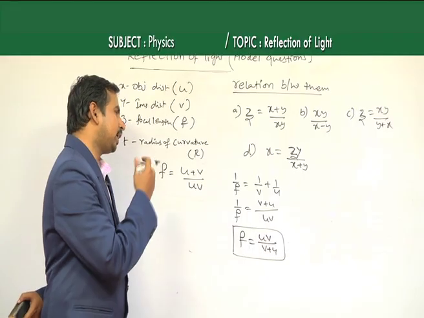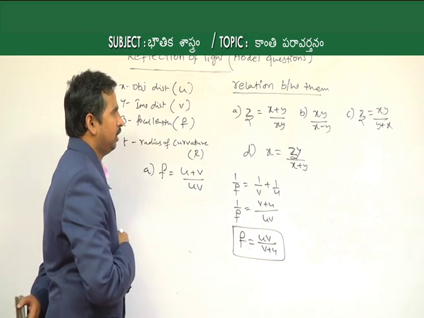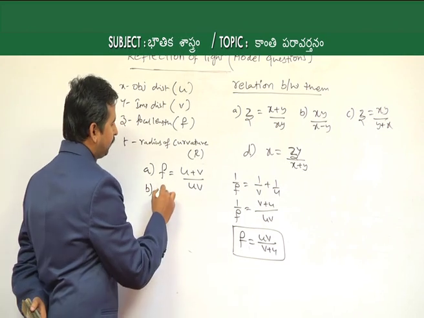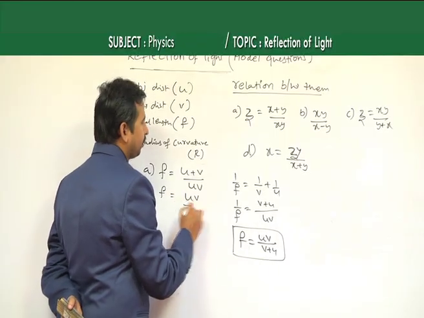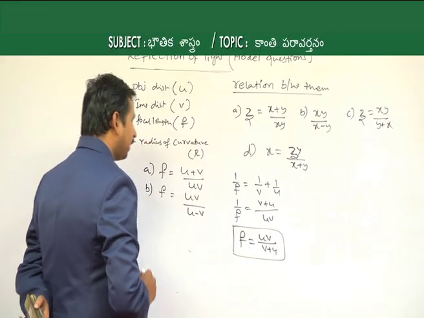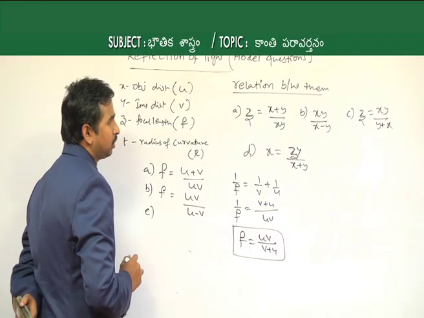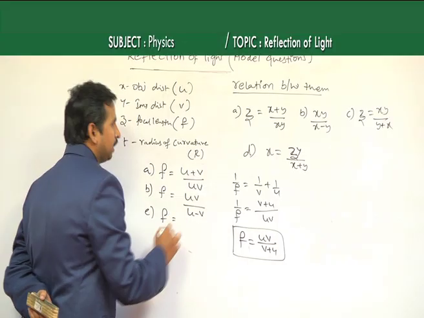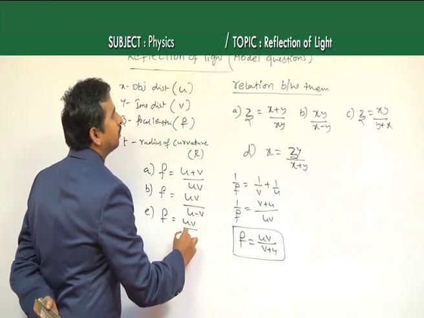But according to the first option it is (u plus v) by uv. In the second case, option b, f is equal to xy by (x minus y), which is uv by (u minus v). Option c is z is equal to xy by (y plus x), which means f is equal to uv by (v plus u).